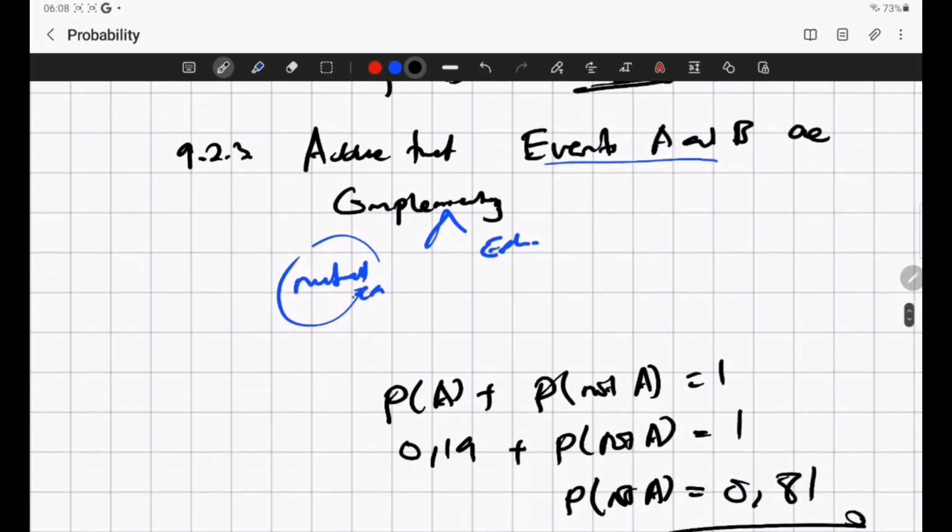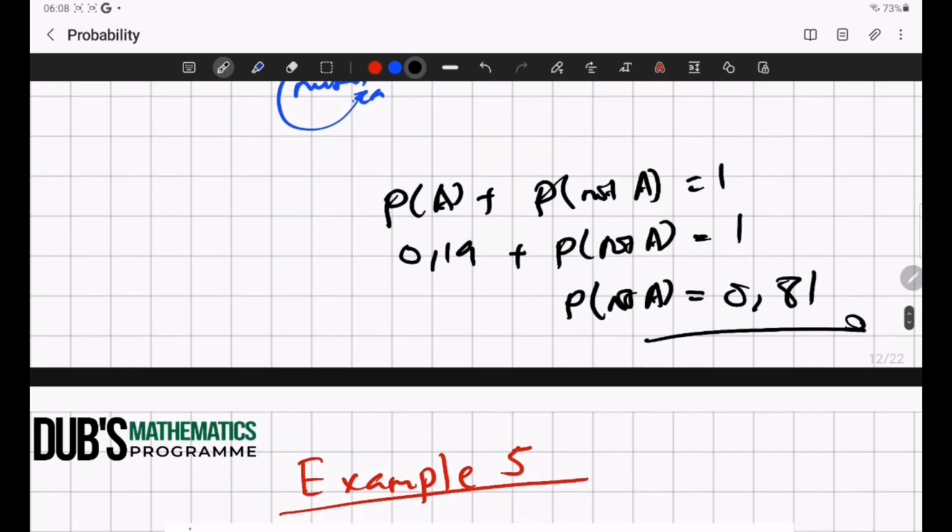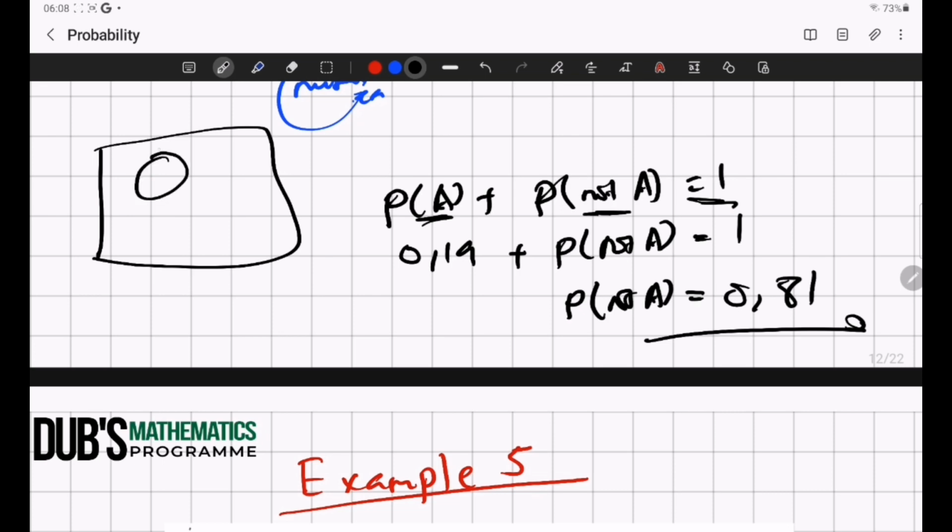Why? Because it looks like A and B are not complementary, but A and not A are complementary, because it's going to be something like this. Either you are in A or you are something else that you don't know. It could be B or something else here. So A plus not A will always give you probability of 1 if you sum them.